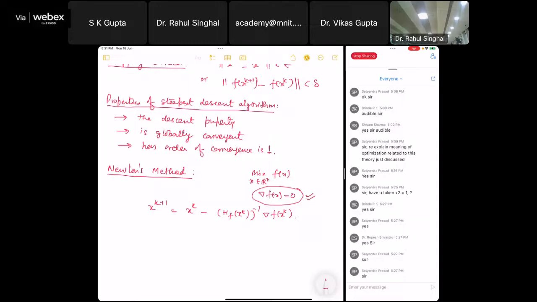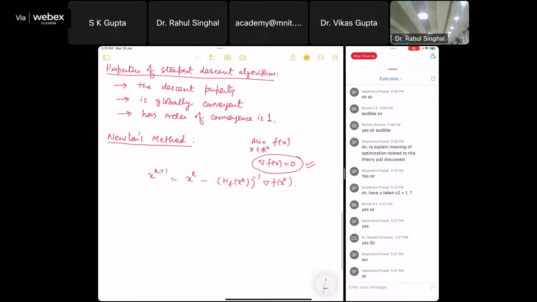This is an iterative scheme basically. You can visualize it like this. Suppose you have f(x) equal to 0, f is from R to R. You want to solve this equation, and in Newton's method you have this type of scheme: xk plus 1 equal to xk minus f(xk) upon f dash xk.